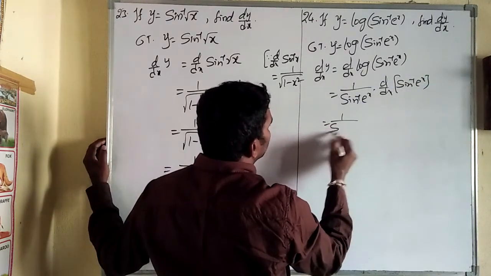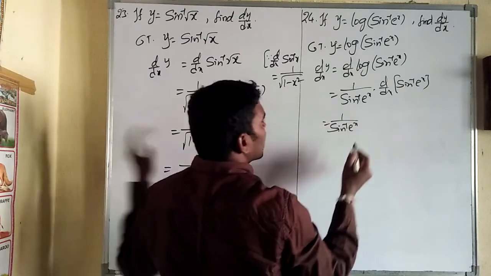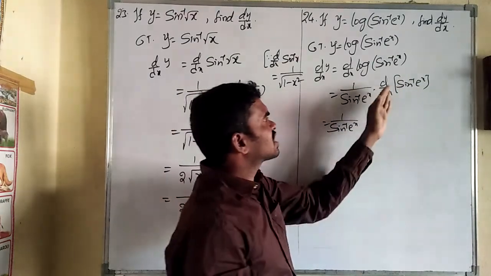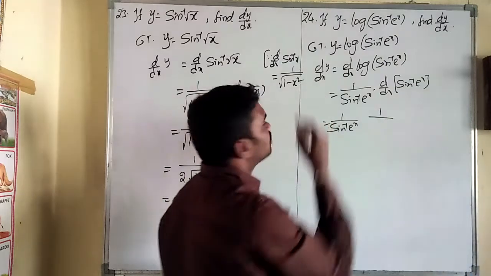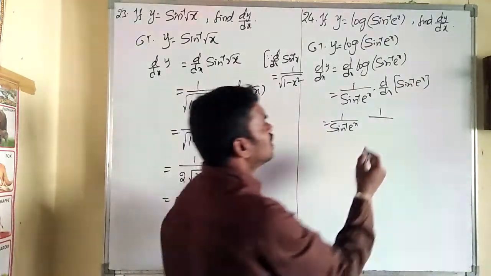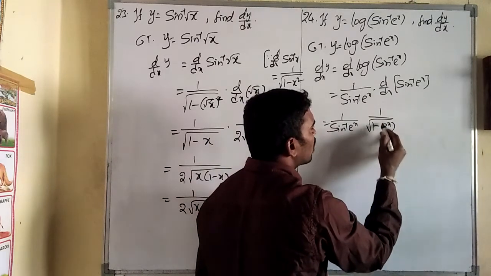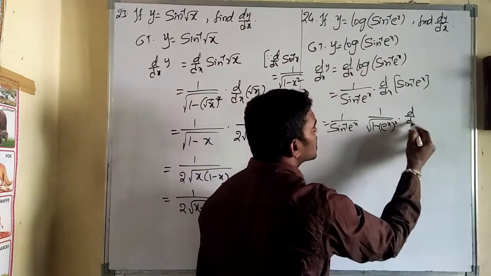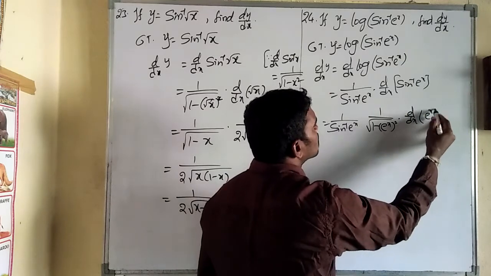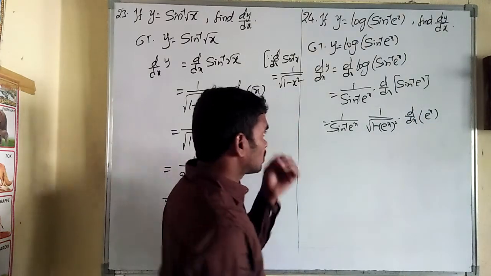So 1 by sin inverse e power x, keep it as it is. Now here the sin inverse x derivative, what is that? Very good. 1 by root 1 minus x square, but here e power x square, into d by dx of e power x. Okay.